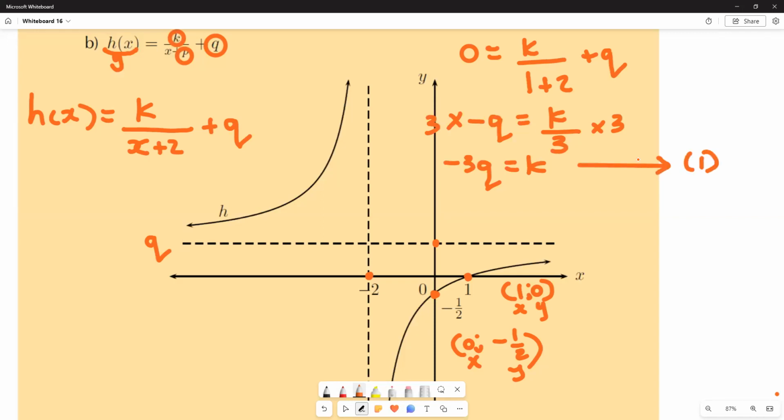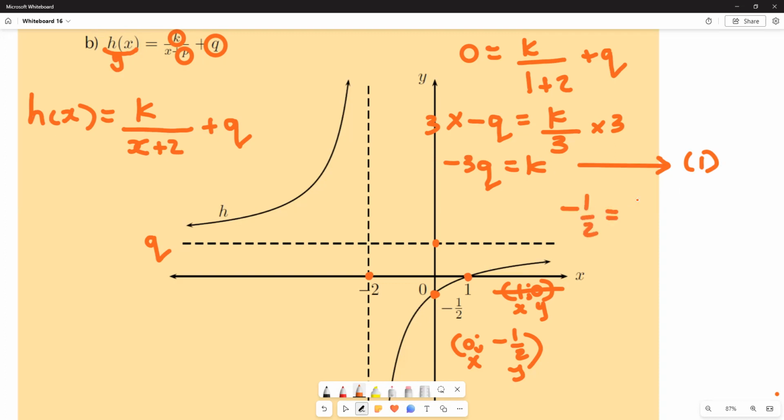And then the second equation. This point we're done with, we cancel it out. We need to use the second point now. On the second one, my Y is -1/2. You're still substituting into there.